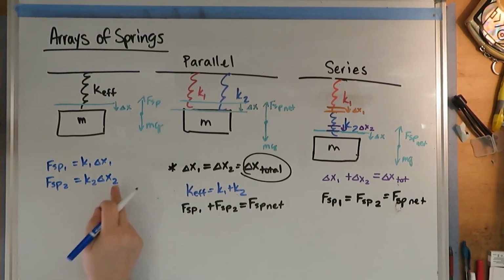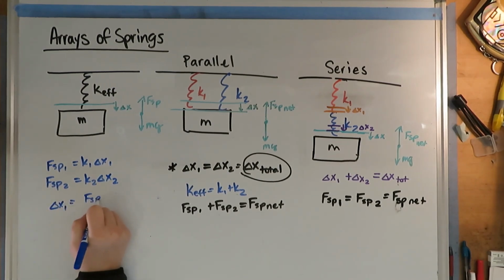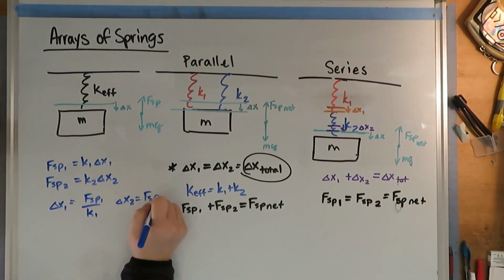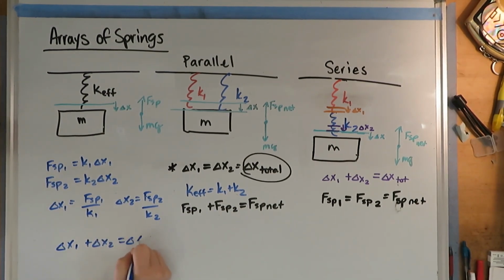So if I want to, I can solve for delta X1, because it's going to be FSP1 over K1, and delta X2 is going to be spring force 2 over K2. And I can use this equation that delta X1 plus delta X2 is equal to delta X total. Well, delta X1 is going to be FSP1 over K1, and delta X2 is going to be FSP2 over K2.